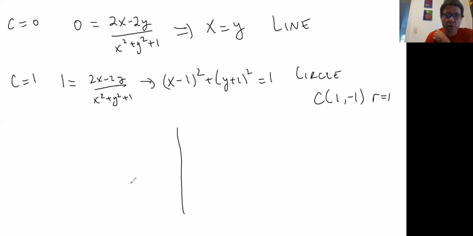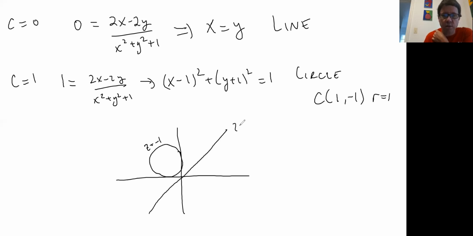So if you put these three things together, you get a circle here, and z is minus 1. You get the line y equals x if z is 0. And then you get this circle if z is 1. So this is down low, this is on the flat ground, and then this is up high.